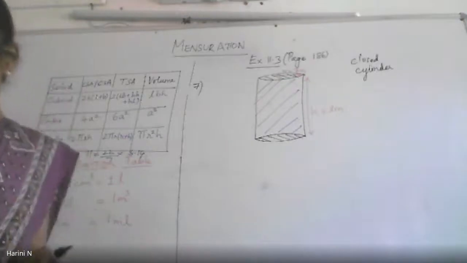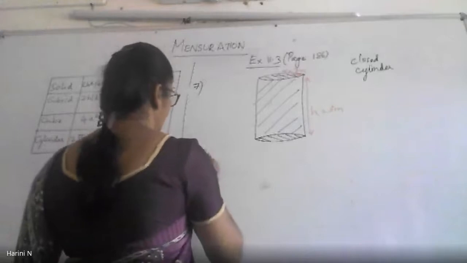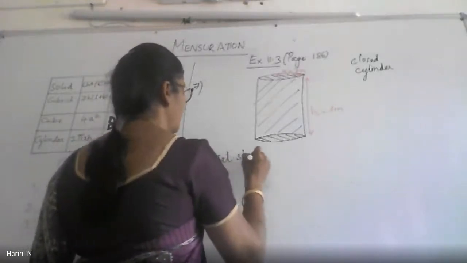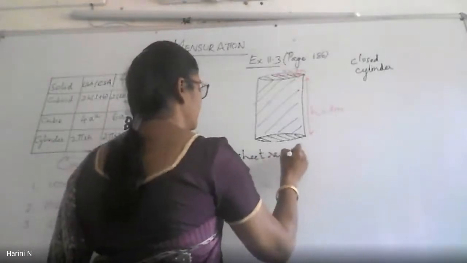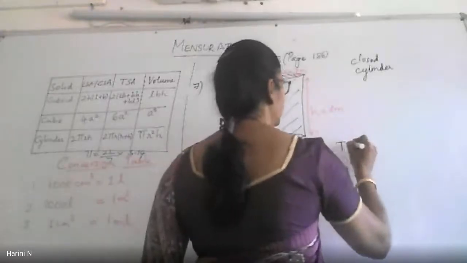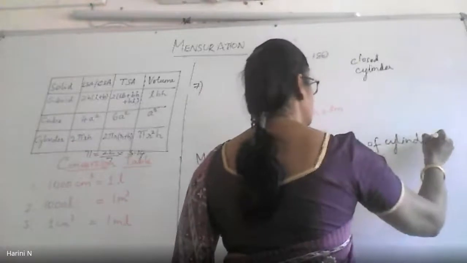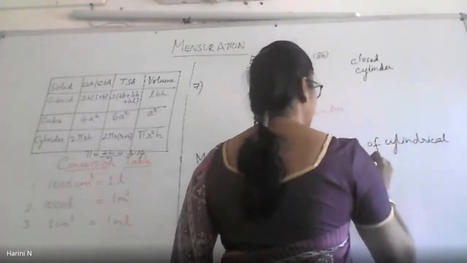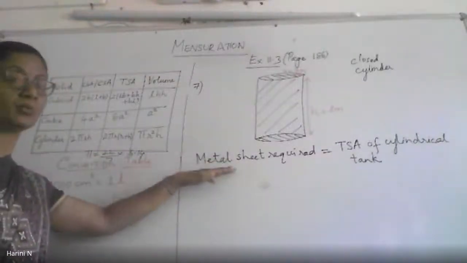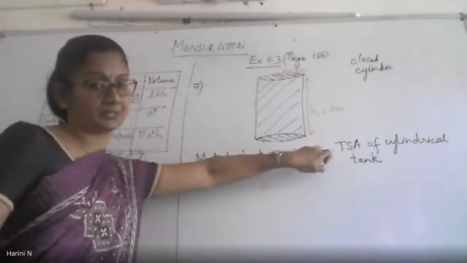So we will write: metal sheet required will be equal to TSA of cylindrical tank. Is the statement clear? Whatever metal I want should be equal to the CSA, the top and the bottom. That means it is the TSA that you want.